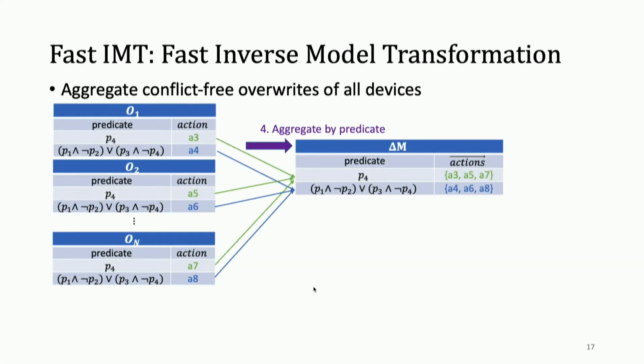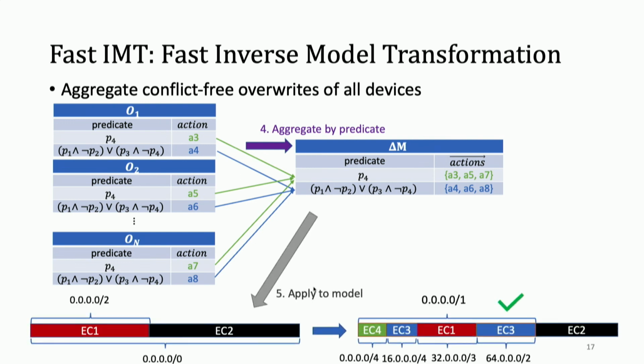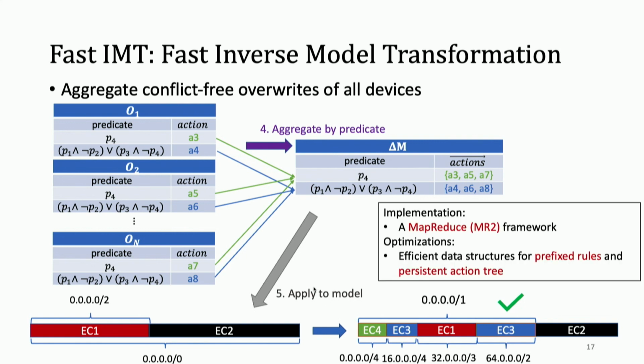And that was just for one switch. And if we look at all the switches in the network, we can also aggregate by predicates. Then we end up with a delta M. So this is really the model update we use to update our final model. And after applying it to the model, we can get a new equivalence class and the actions mapped to each equivalence class.